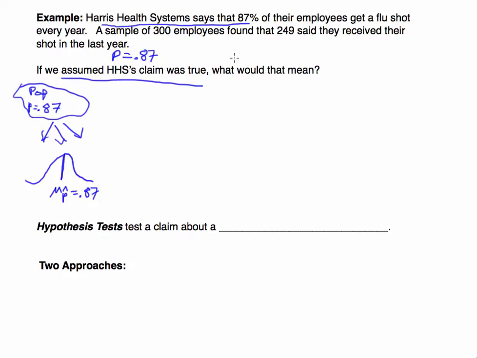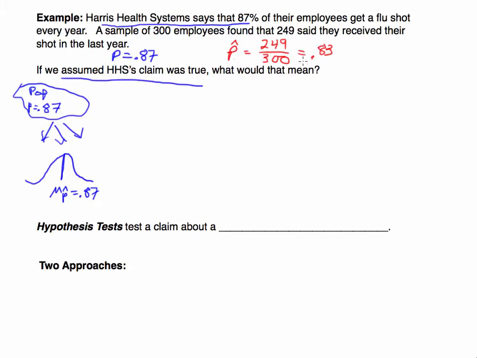So what are we going to use that for? In our sample, we had 300 employees, and 249 of them actually received their flu shot. If we calculate the p-hat, the point estimate, in other words the sample proportion, 249 divided by 300 gives us 0.83.